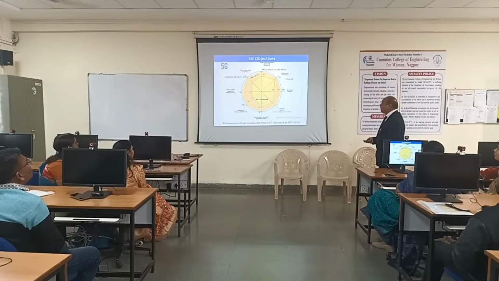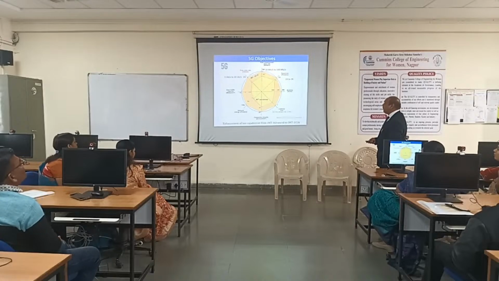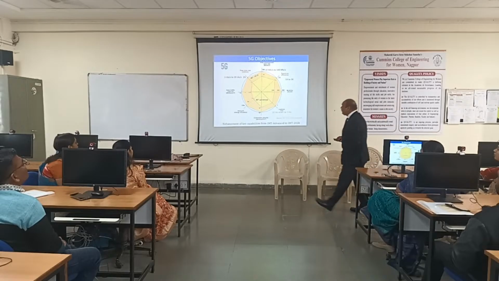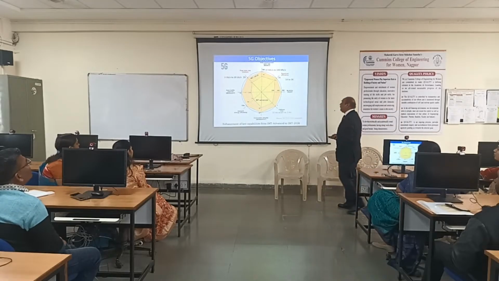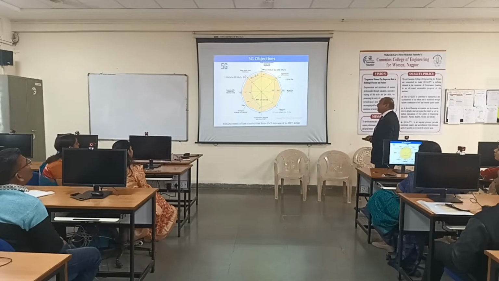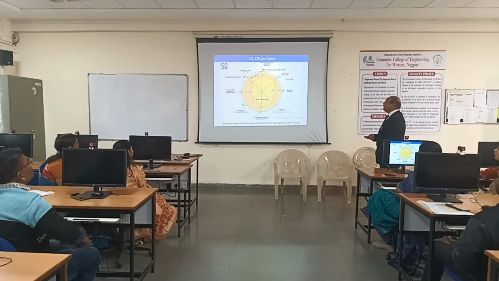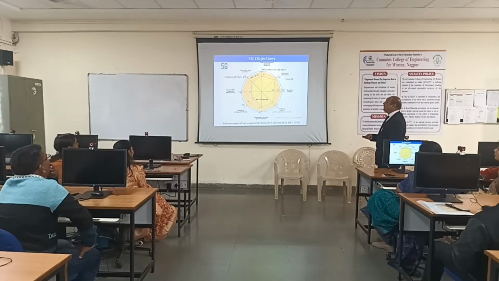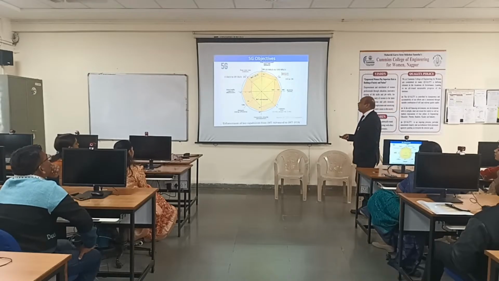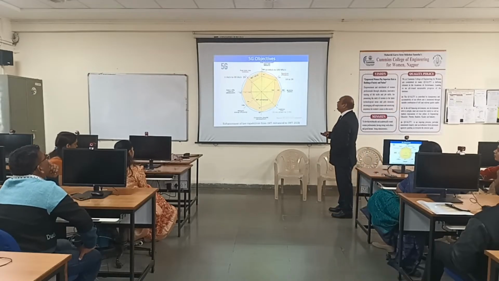Then the connection density, that is the traffic, for devices per square kilometer, is 10 to the power 5. It rises to 10 to the power 6, I think 6 or 8. It is 6, 8, sorry. And then the network efficiency, it was 1x, now it becomes 100x. And these are the traffic connectivity, that is the channel capacity it is using.